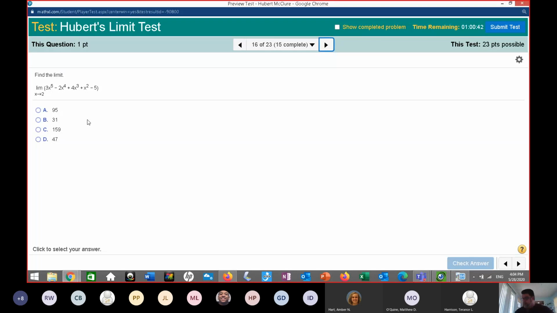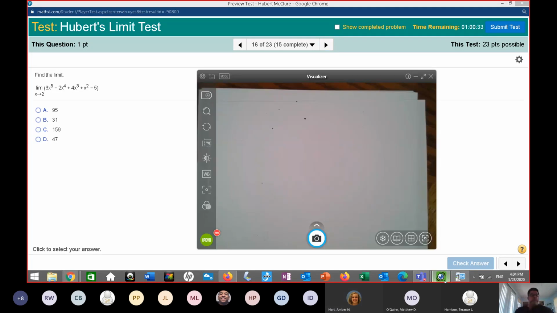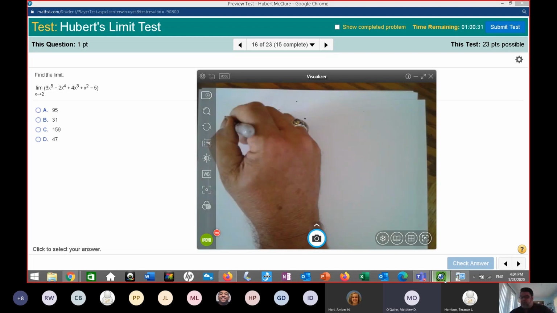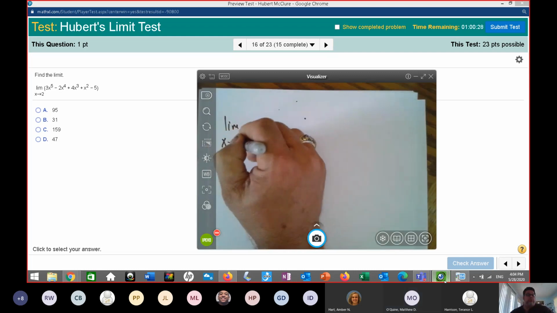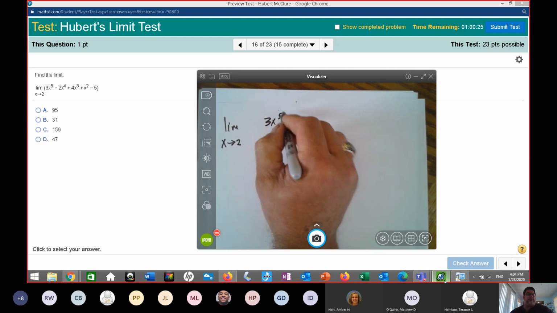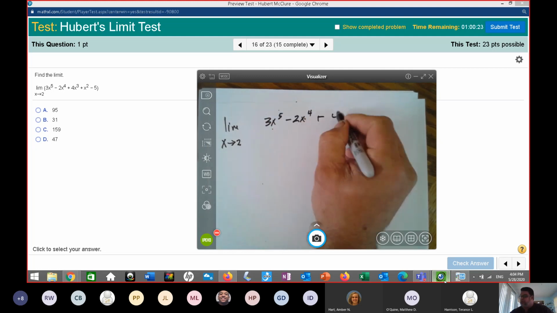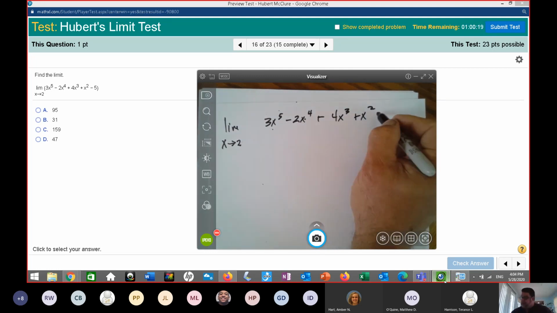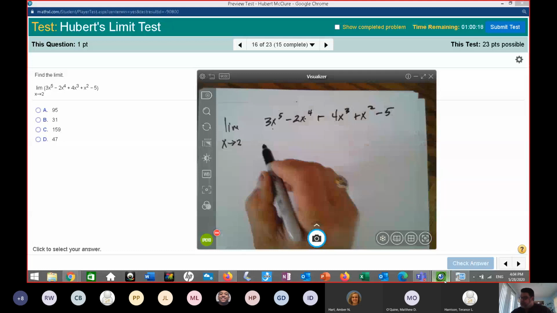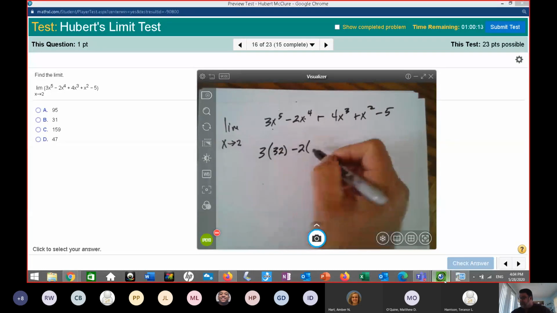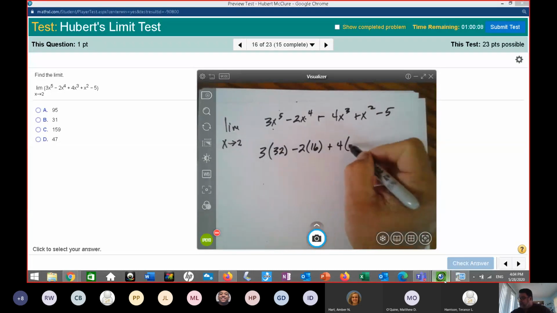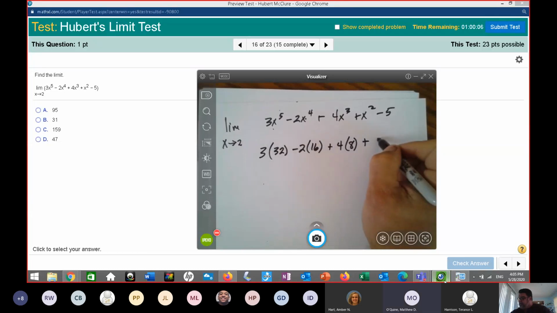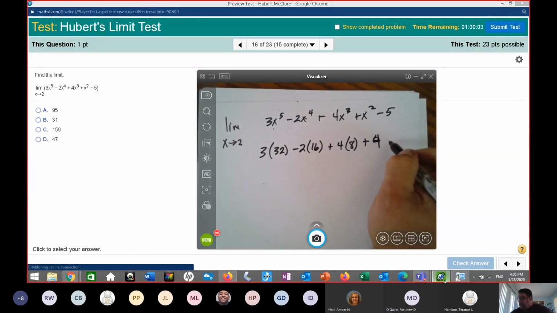Plug and chug. Plug and chug. So, limit as x approaches 2 of 3x to the 5th minus 2x to the 4th plus 4x to the 3rd plus x squared minus 5. 3 times 32 minus 2 times 16 plus 4 times 8 plus 4 minus 5.